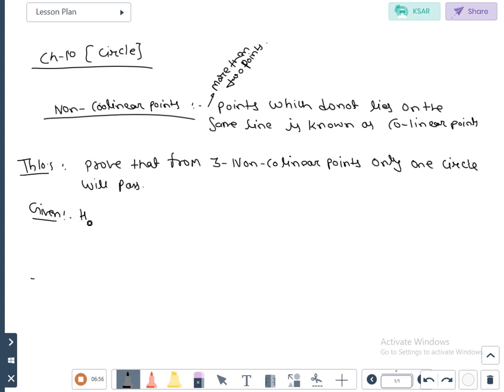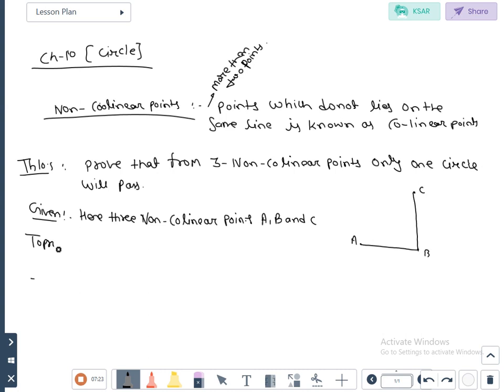What is given to you here? Three non-collinear points A, B and C: point A, point B, and the third point C is given.